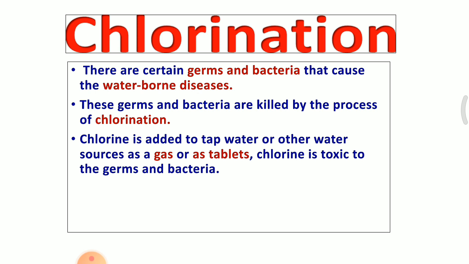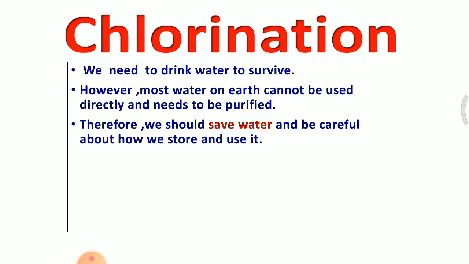It affects only the bacteria and germs present in the water. It kills only the bacteria and germs. So using this chlorination method, we can kill the bacteria and germs present in a large quantity of water. Instead of boiling, we can use the chlorination method.